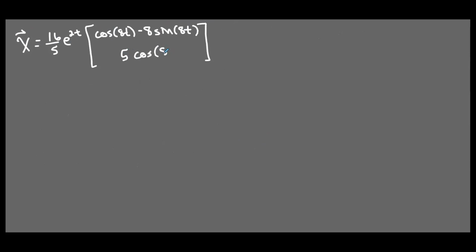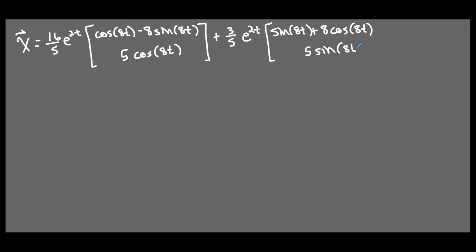So x is C1, that's 16/5, e to the 2t, and then times that first vector, cosine 8t minus 8 sine 8t. And then on the bottom, it's 5 cosine 8t. And then plus C2 is 3/5. Still have e to the 2t, and then I have the second vector, sine 8t plus 8 cosine 8t, and then 5 sine 8t on the bottom.